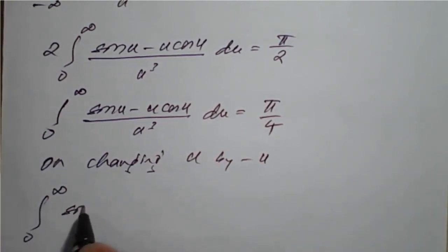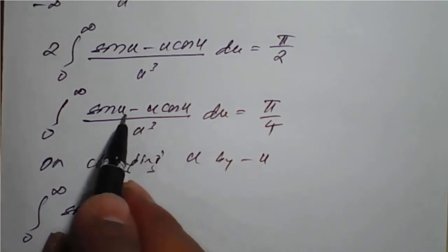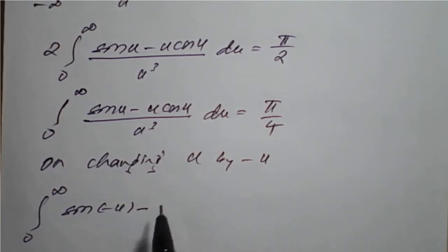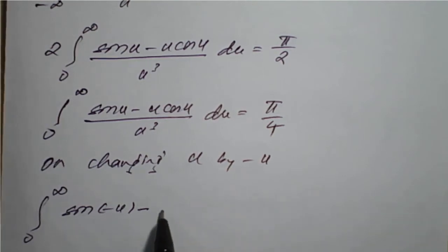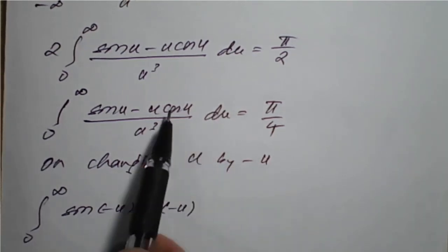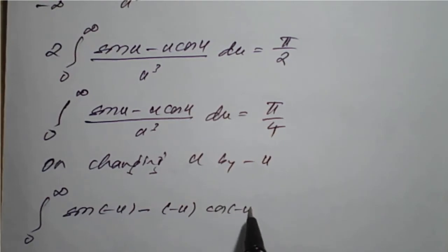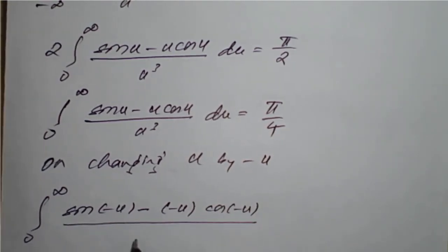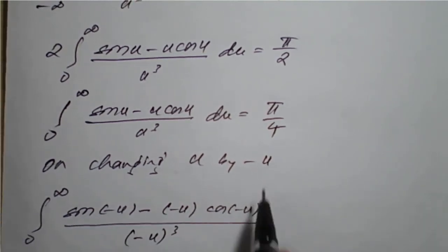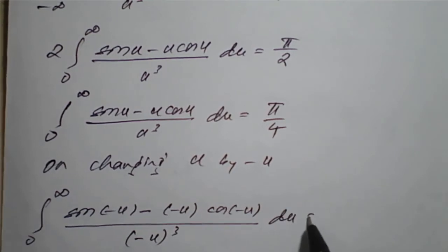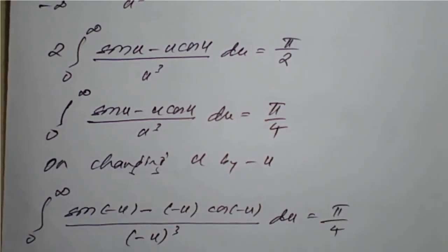Integral 0 to infinity, sin of u, u is going to change by minus u, so sin of minus u, and cos of minus u whole, divided by minus u cube, into du only, is equal to pi by 4.